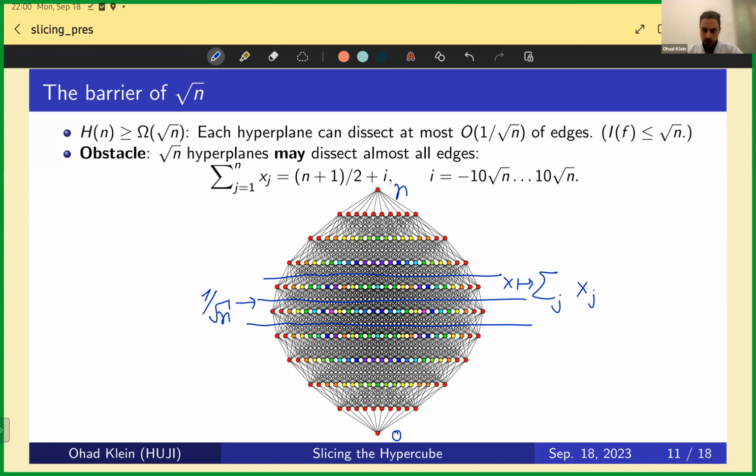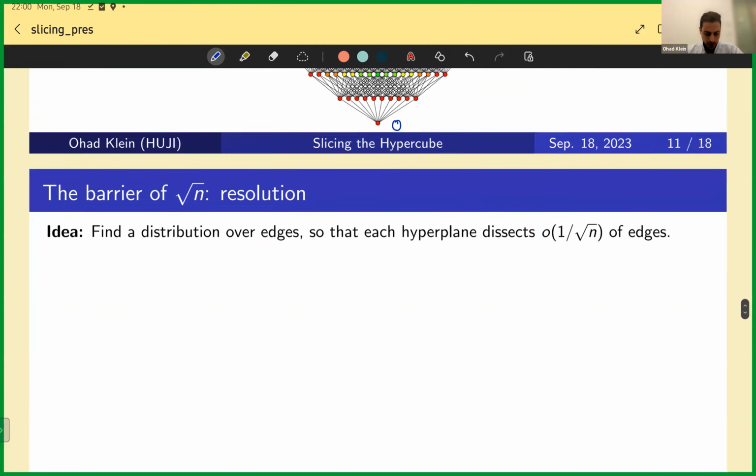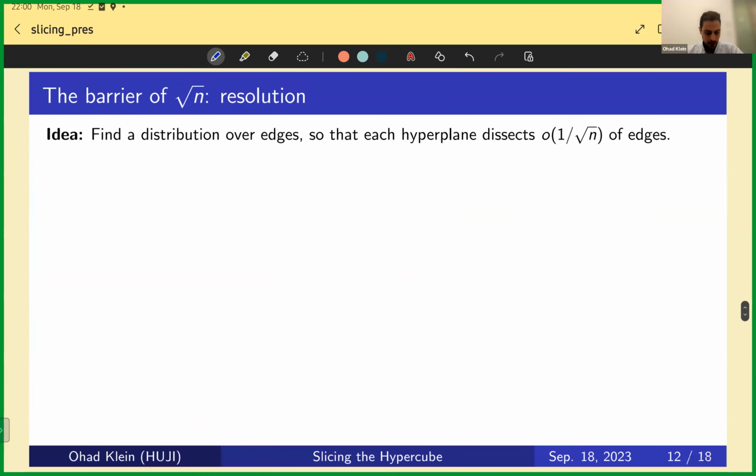And the idea to overcome this obstacle is to find some distribution over edges, which is not the uniform distribution, so that each hyperplane cannot dissect 1 over square root of n of the edges, but it can dissect only a smaller number of the edges.